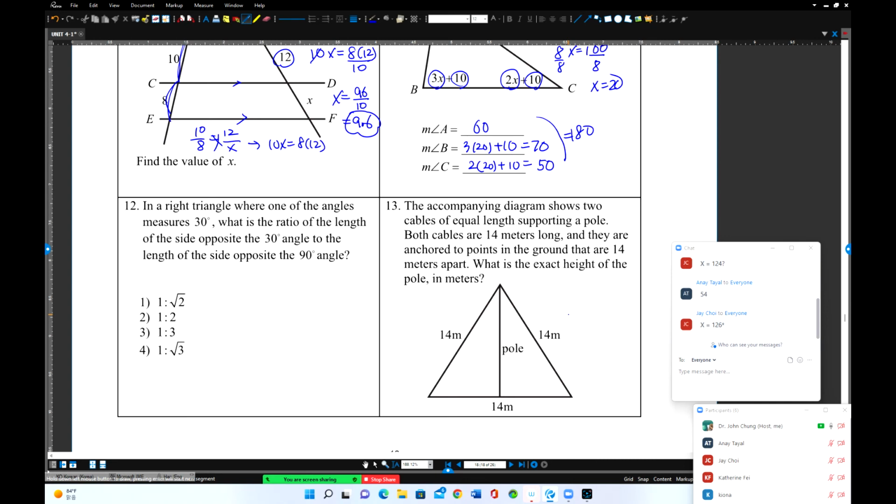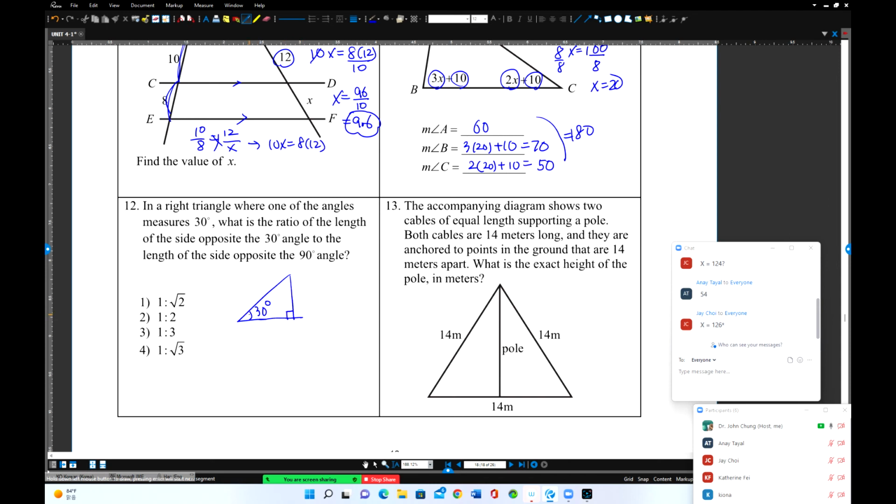The next one will be in a right triangle where one of the angles measures 30 degrees. What is the ratio of the length of the side opposite the 30 degree angle? They said it's a right triangle, so this is the right angle.